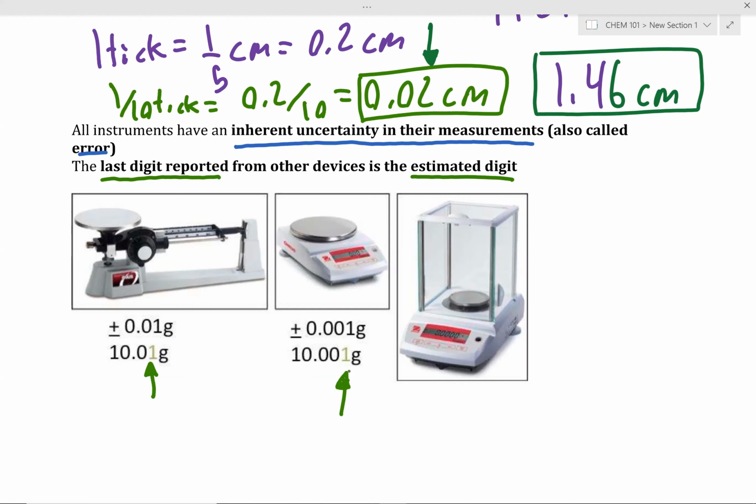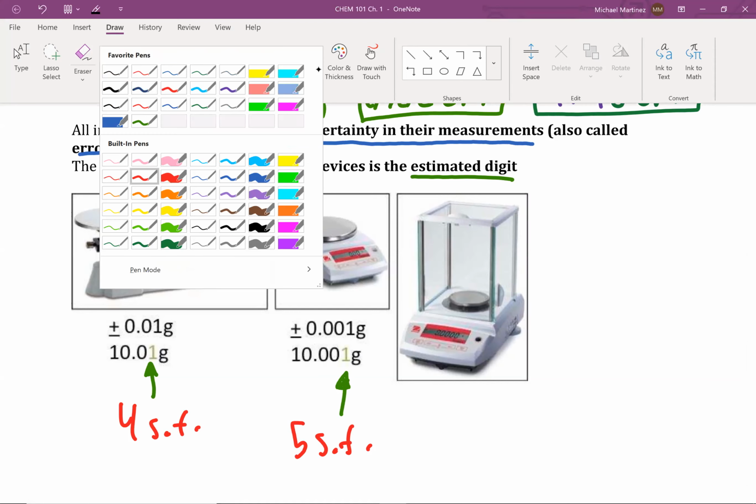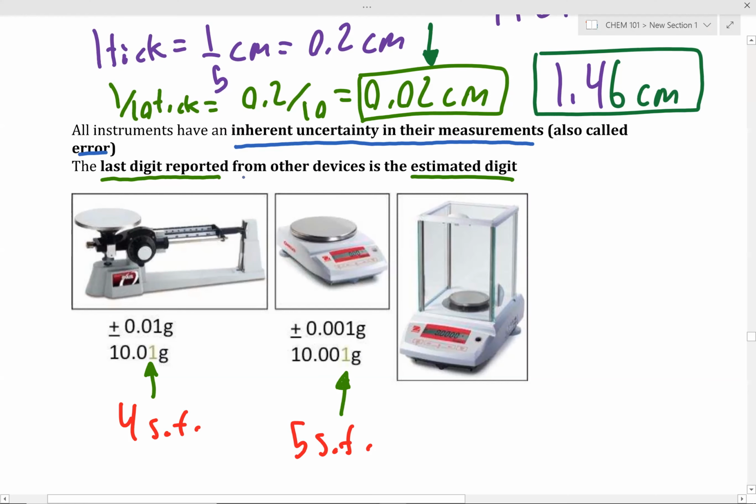The second one. Why? Does it have more sig figs? Yes. So just to showcase that, this has 4 sig figs. This has 5 sig figs. Okay. So every instrument has an inherent uncertainty, at minimum equal to 1 unit of the estimated digit, if not more.